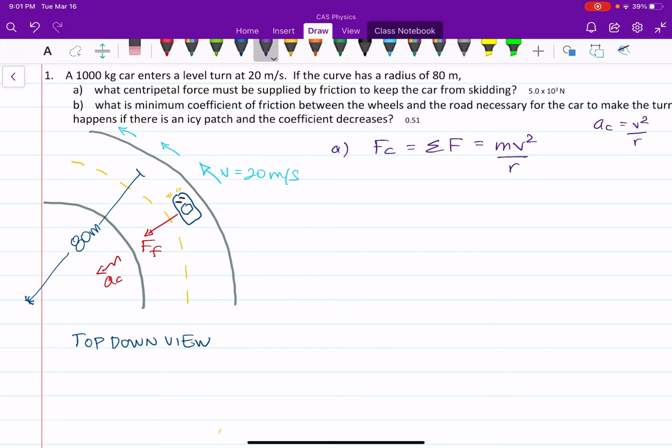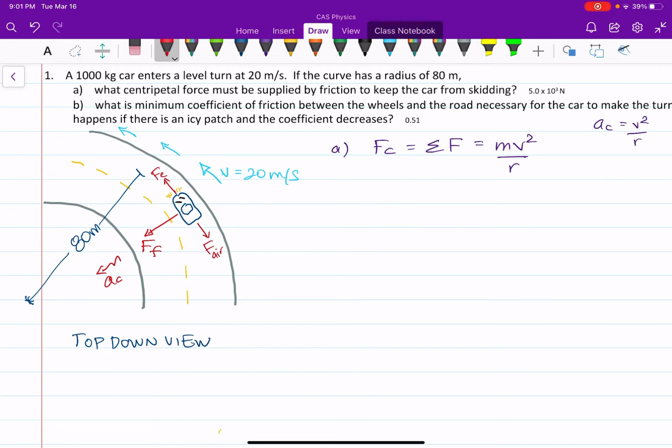One of your questions might be, why don't we deal with the engine force, the force that makes the car move forward? We're assuming that whatever force is moving the car forward, like the force of the engine, is being exactly matched by whatever backward force there might be, like air resistance. So those two forces cancel out. And so the only force that's changing the motion of the car is directed towards the center.